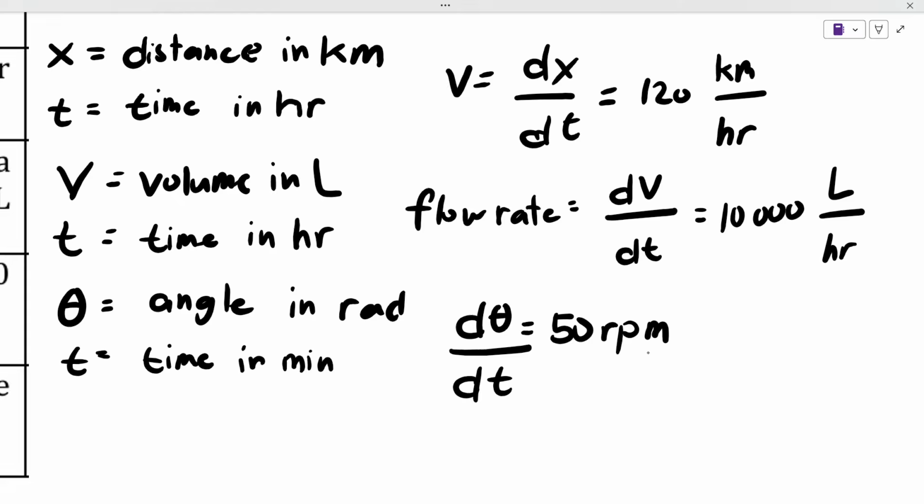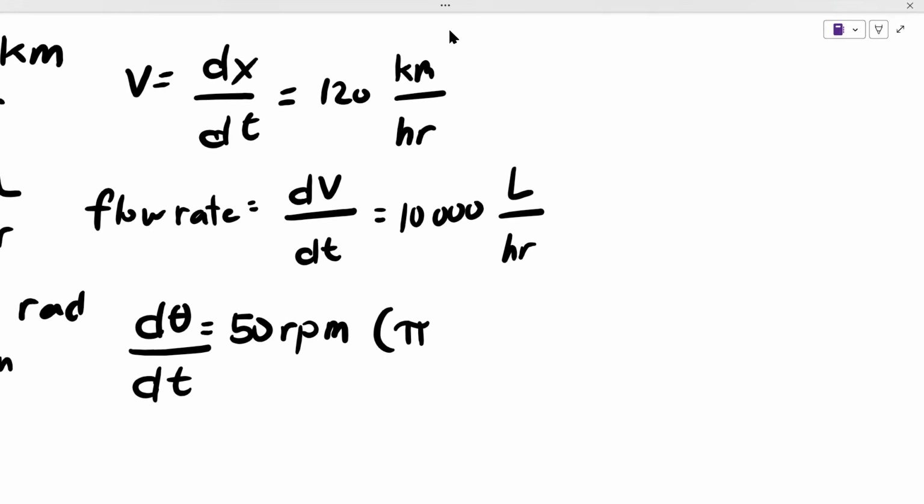To convert this revolution into rad, note that one revolution is equal to 2 pi rad.